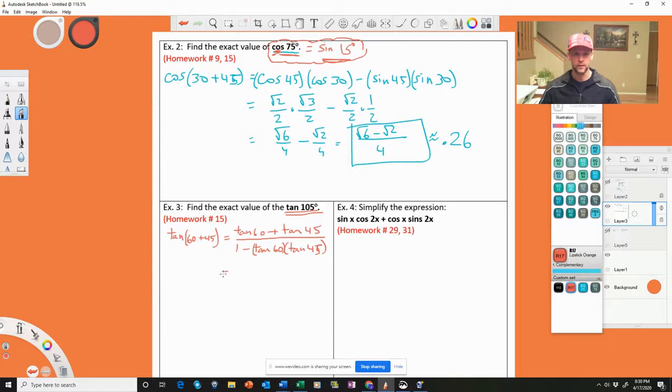Okay. So now let's go ahead and find these exact values. So some of these are easy. Like the tangent of 45, we should know that it's 1. That one is one that you should memorize.